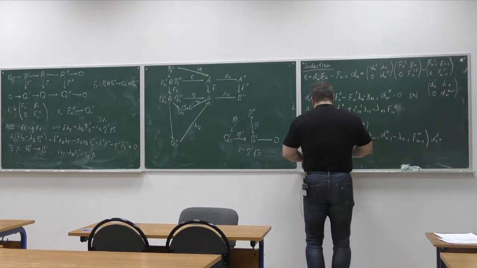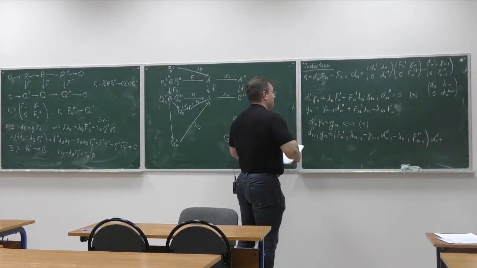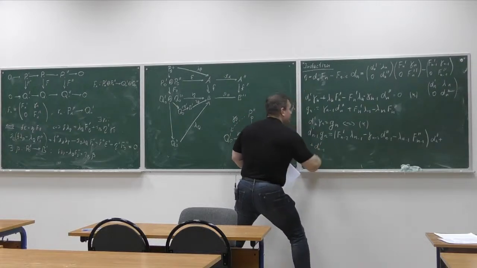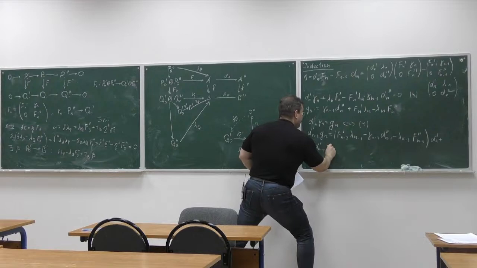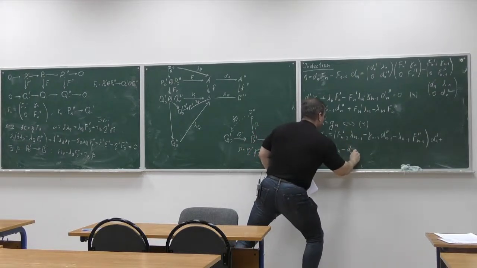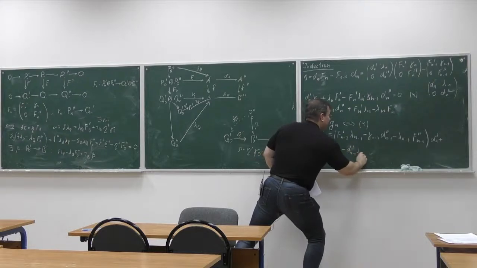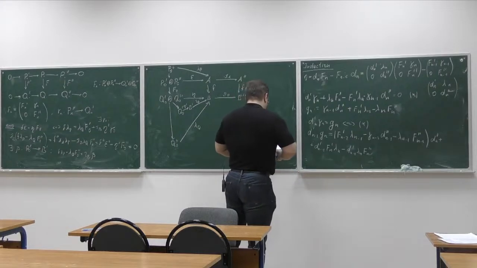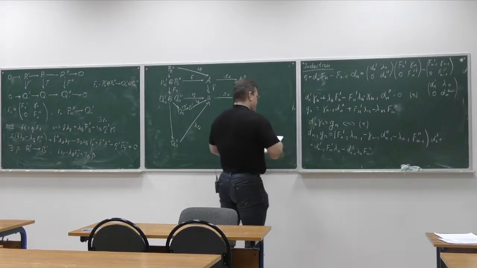For the other two terms, at the moment I'm not going to do anything, so plus dn minus 1 prime f n prime lambda n, minus dn minus 1 prime lambda n f n double prime. I hope that there are no mistakes.